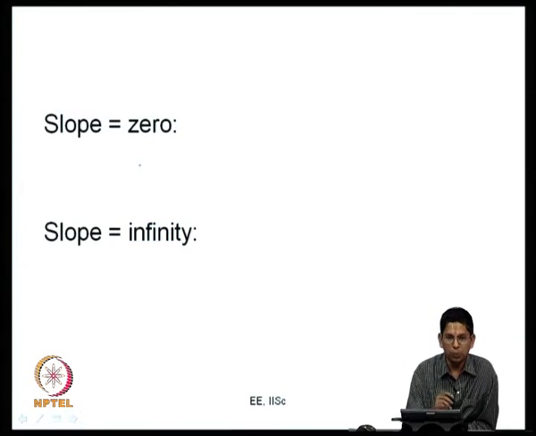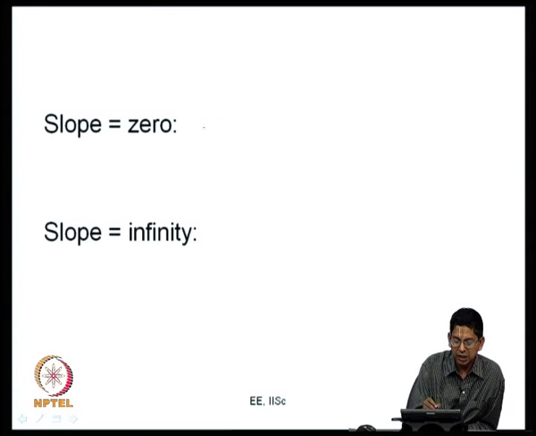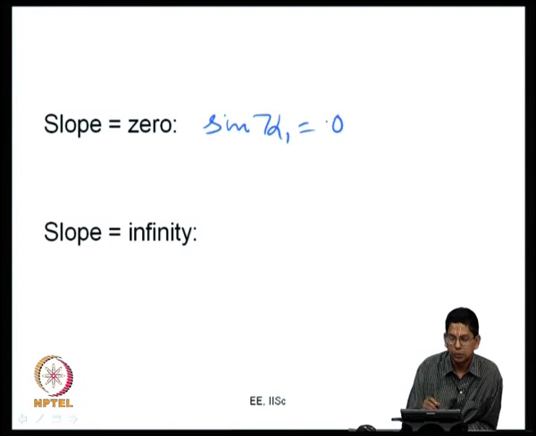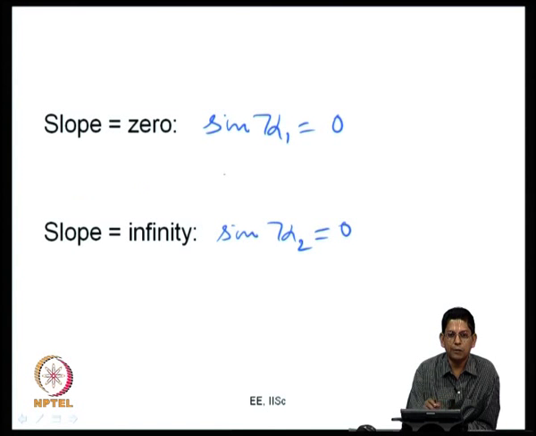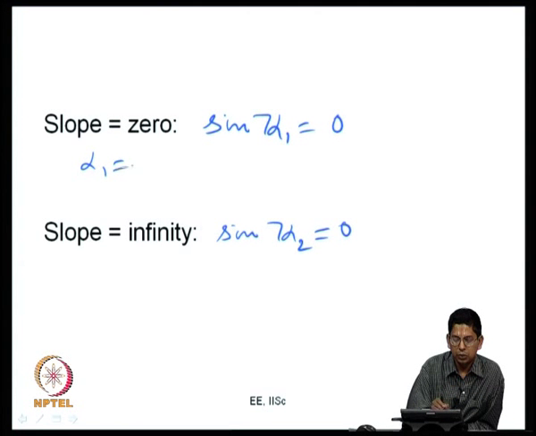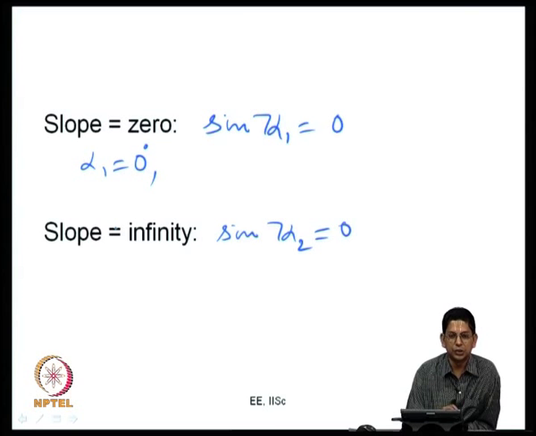So, for example, if slope is 0, what we mean is, in this case we say sine of 7 alpha 1 is 0. Here we mean sine of 7 alpha 2 is 0. So, there are values of alpha 1 for which you get 0 slope, that is alpha 1 is 0.